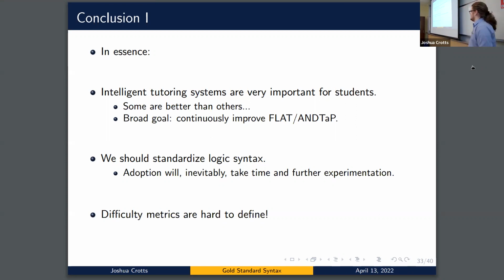What makes one formula harder for a student will be different depending on the student, depending on what major they are, depending on how much background they have. So more studies and more work will have to go into what makes a formula difficult.